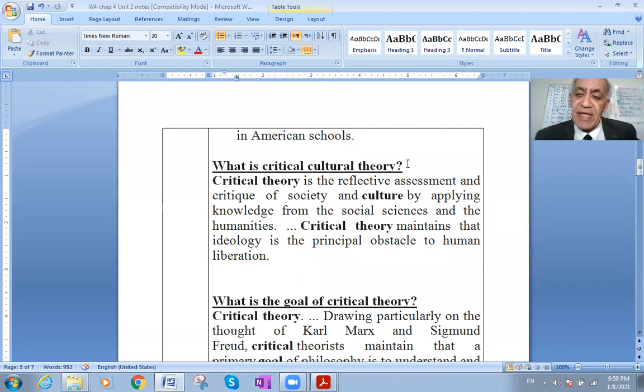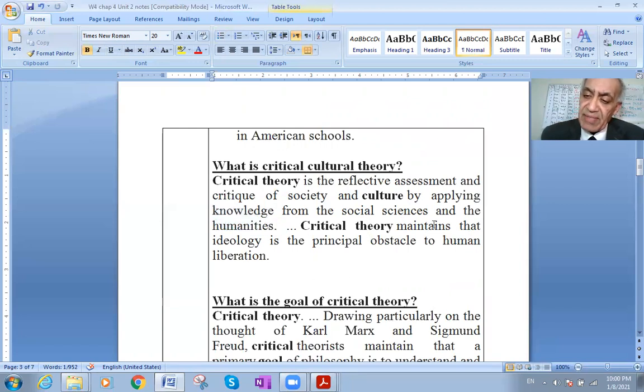What is the critical cultural theory? And this is another point. Critical culture theory is the reflective assessment and critique of a society and culture by applying knowledge from the social sciences and the humanities.